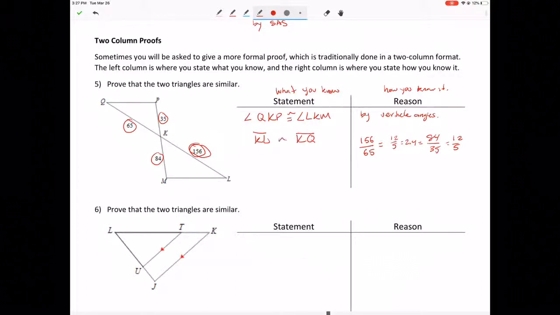All right, that they are proportional. All right, and then the same with the other set. We could say KM is proportional to KP.